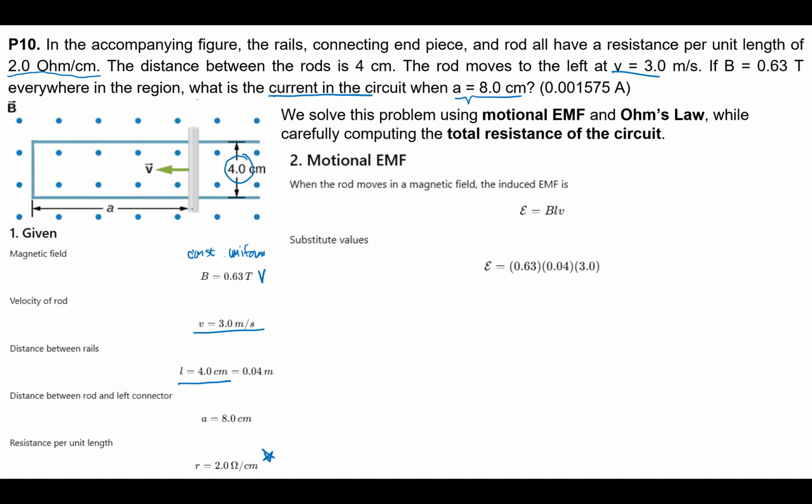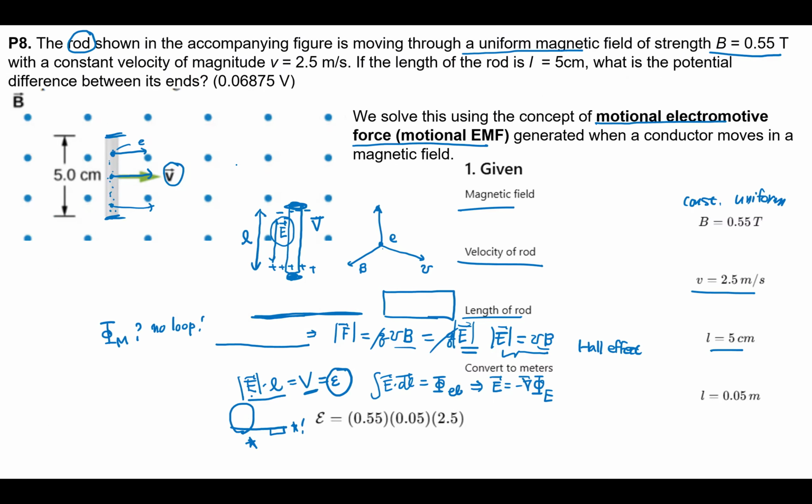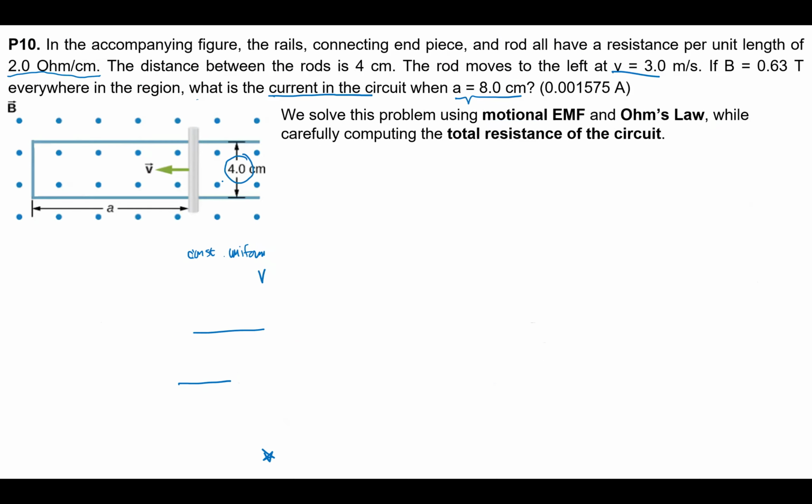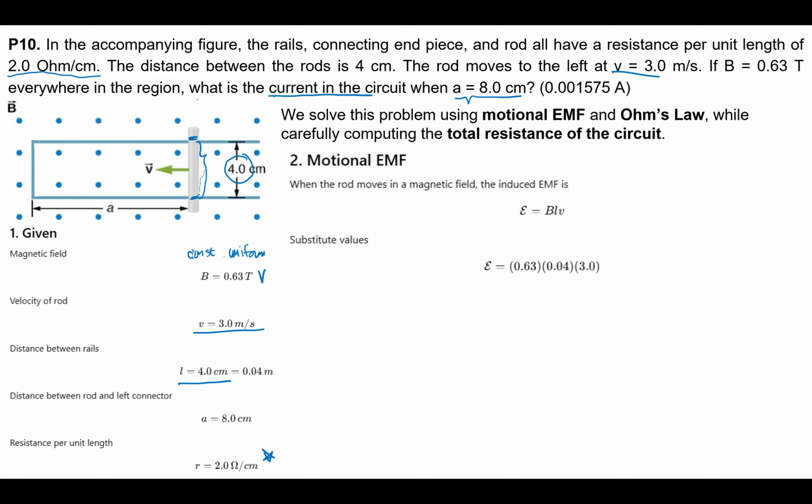In this case, the rod is moving, as in the previous cases, exactly the same. The rod is moving in this direction, but in this problem it is the other way. But what we need to understand is that by moving this one, we have a potential difference, given by this.